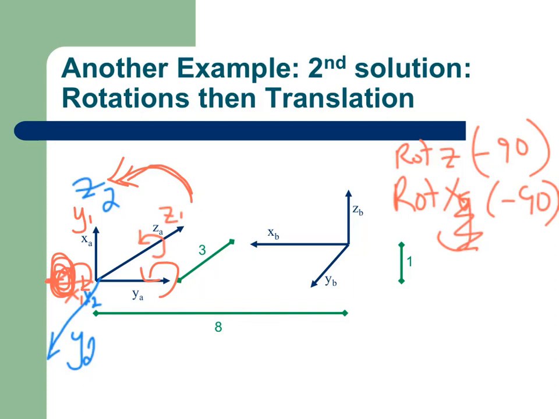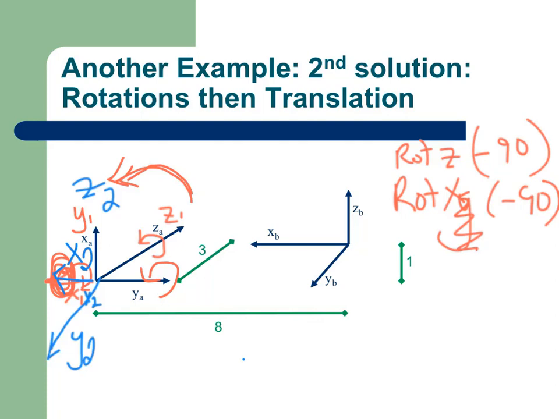Okay, so now, it's not very clear here, but x2 is pointing off to the left, in the same direction that x1 was pointing, because that's what we were spinning. y2 is pointing out of the screen towards me, and z2 is pointing up.